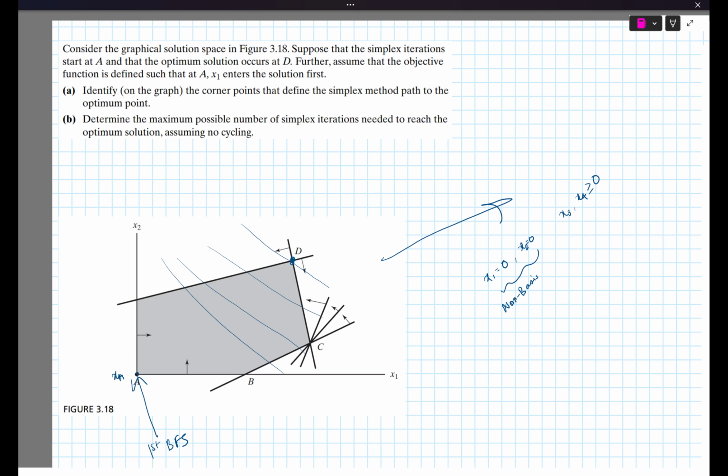So the objective value should increase, right, when you move. So here also it will increase. Is the increase here more? Here the increase is most.